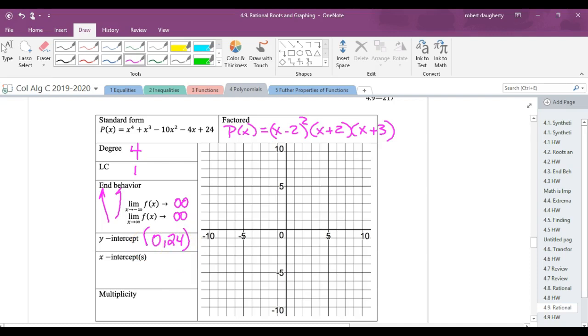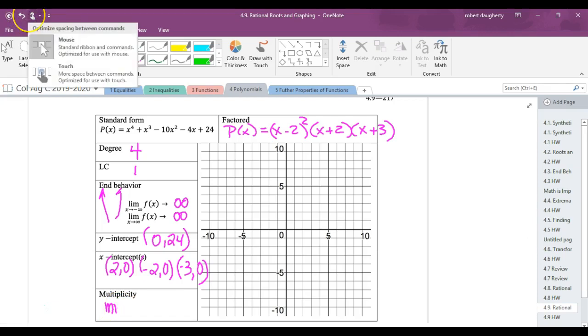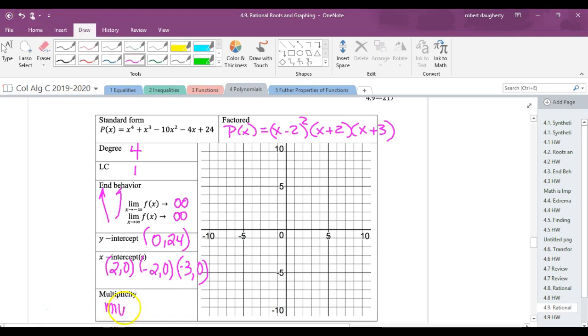What are the x-intercepts? 2, 0, negative 2, 0, and negative 3, 0. Is there any multiplicity? Yes, a multiplicity of 2 at x equal 2.